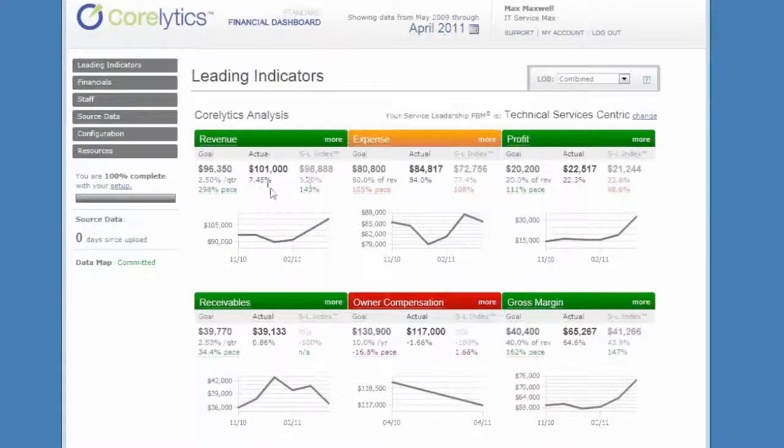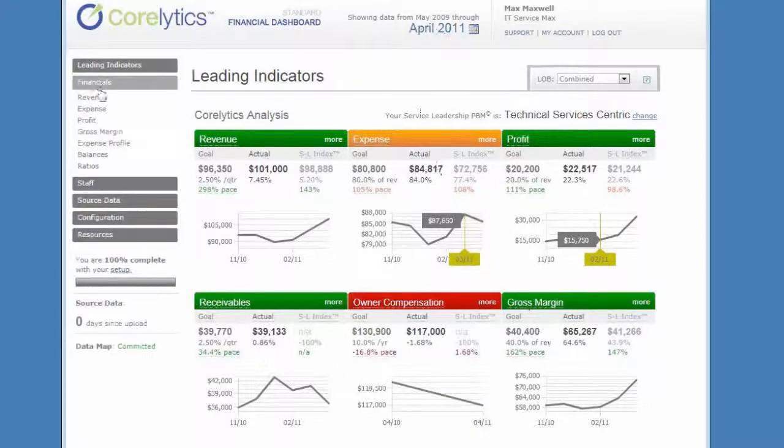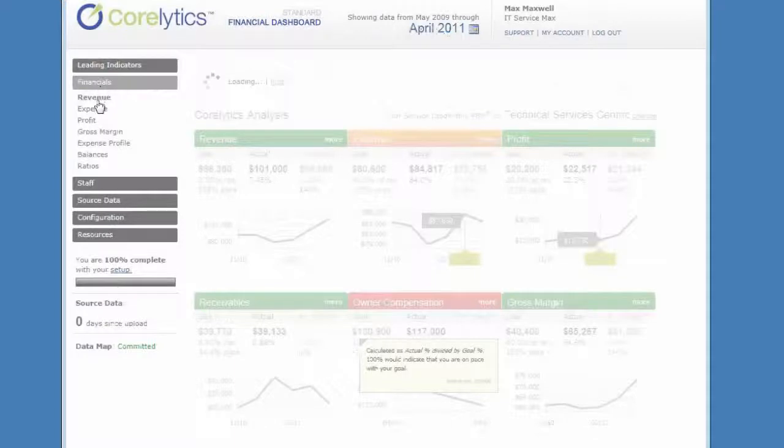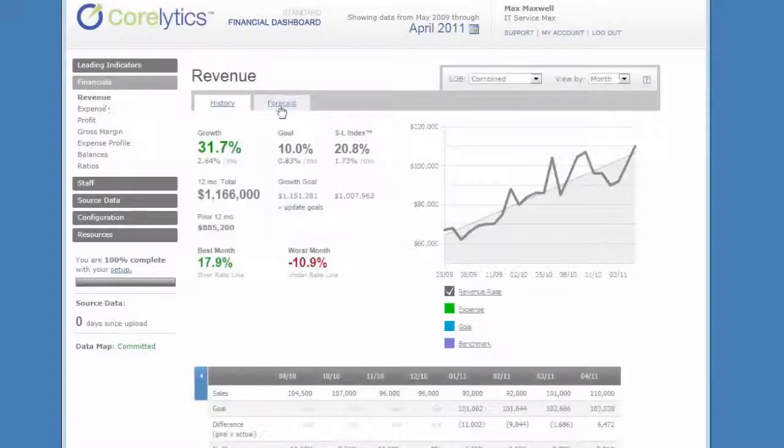And here a much different picture. We were meeting our goal for revenue. Profit looks good. Gross margin looks good. Again, I'd love to have a 65% gross margin any place. So you can go back and look at comparisons like that, and you'll notice probably we have a different picture here if you look at the forecast.